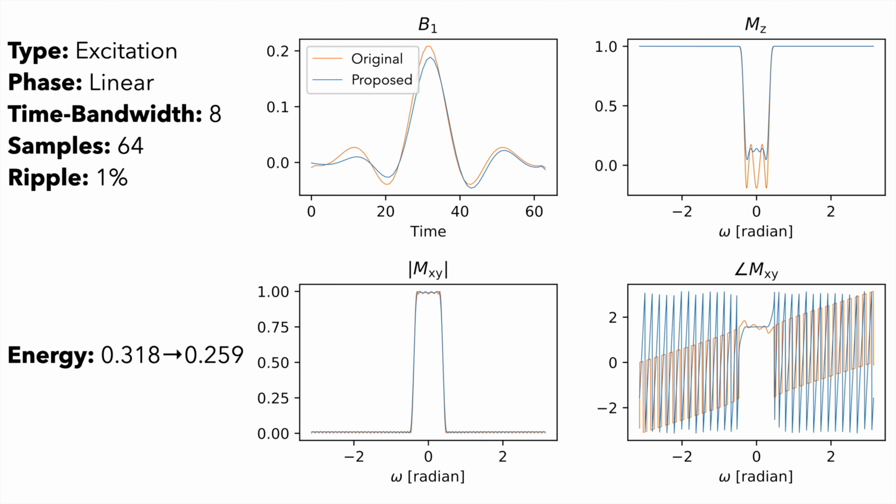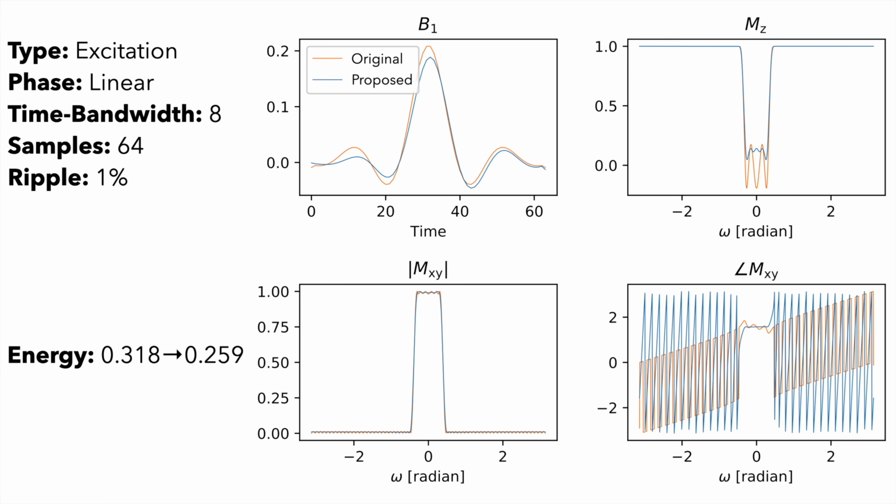But first, here are some results comparing the original and the proposed SLR design. These are linear phase excitation pulses with a time bandwidth of 8 and a ripple of 1%. If you look at the pulses on the top left panel, you can see that the proposed SLR pulse has a lower peak amplitude compared to the original SLR pulse.